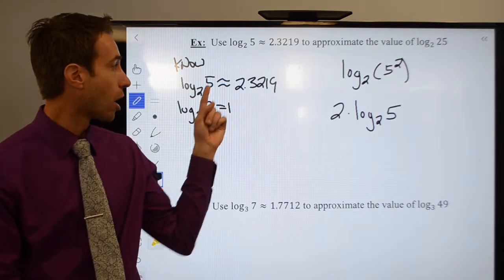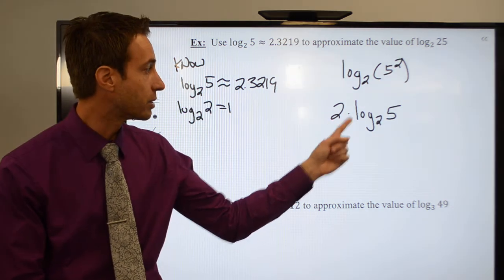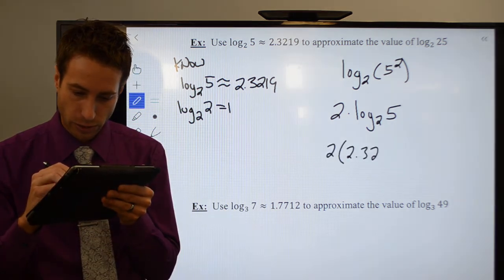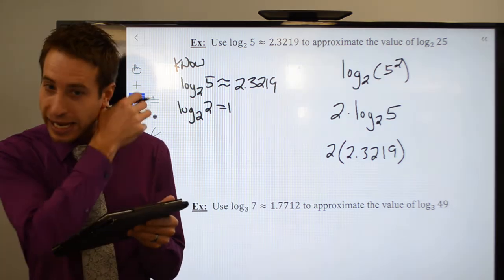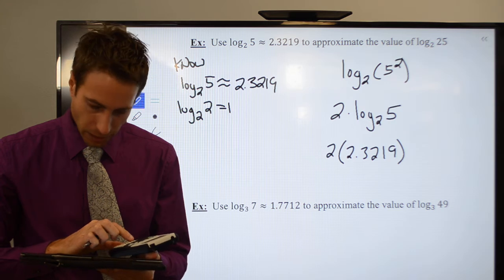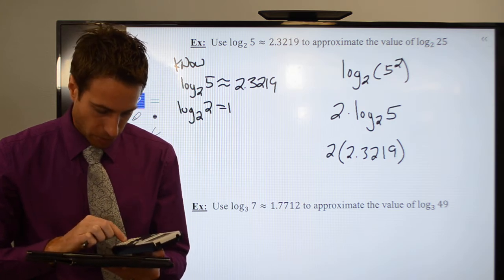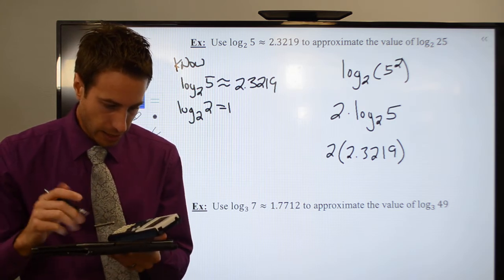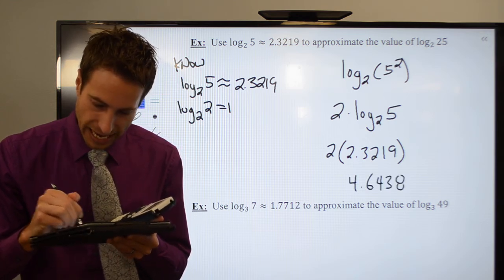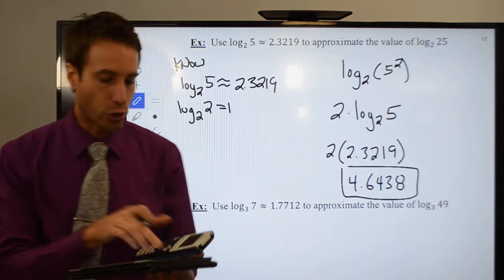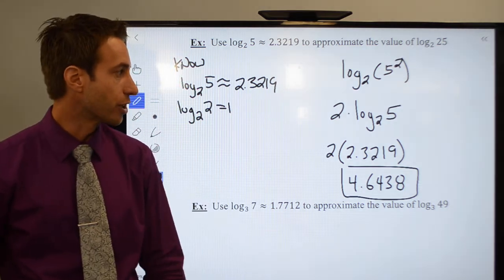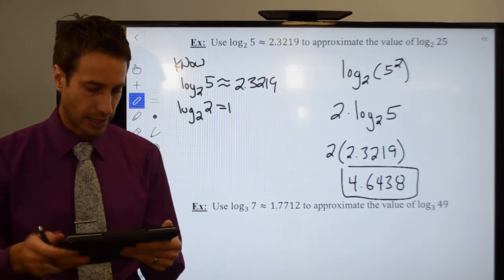Well, I was given the log base 2 of 5, so it'll be 2 times 2.3219, which, sorry, I got a calculator right here. 2 times 2.3219 is 4.6438. And again, if you wanted to, you could just throw that into your calculator to double check your work and make sure that you got it right, but we did it. Let's do another one.